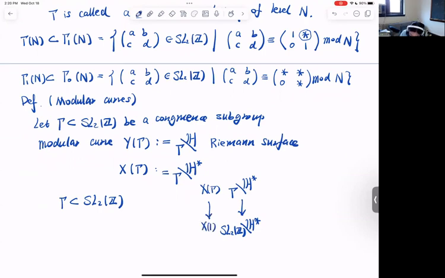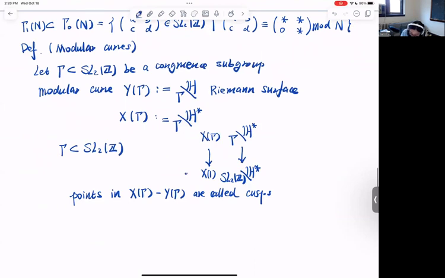Then the set of points in X of gamma that are not in Y of gamma are called cusps. You can also think of it as: I have one cusp in X01, and I take the pre-image of this cusp inside this covering. So these curves are exactly called modular curves.